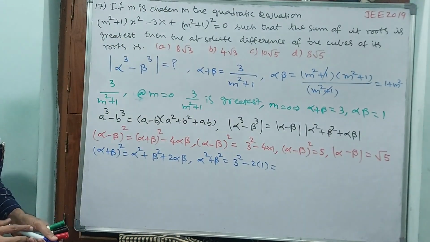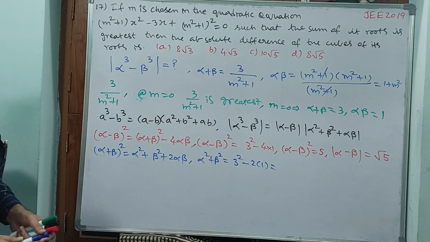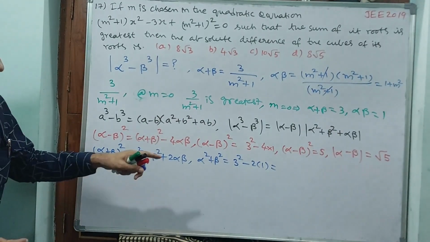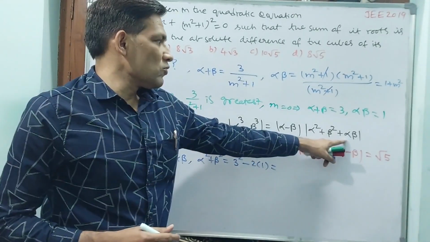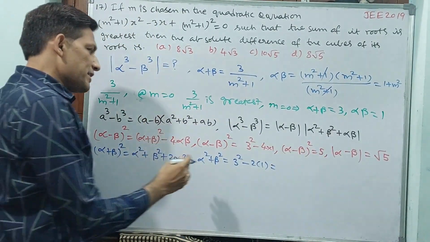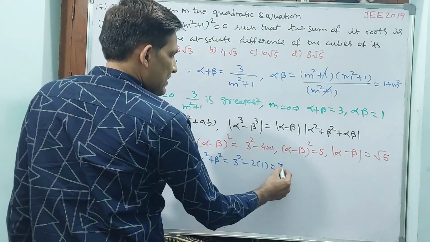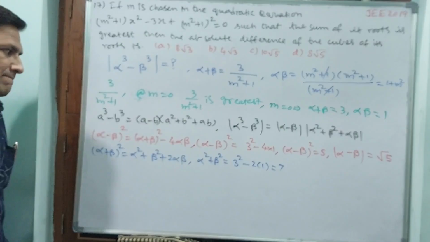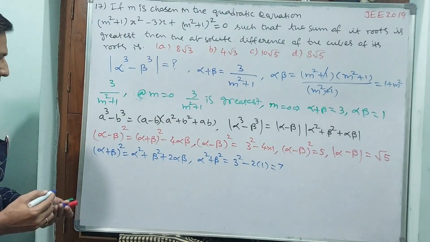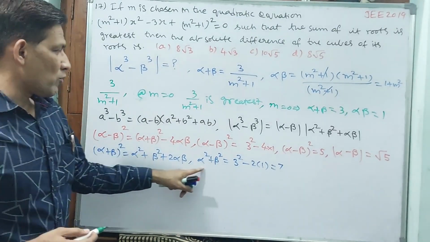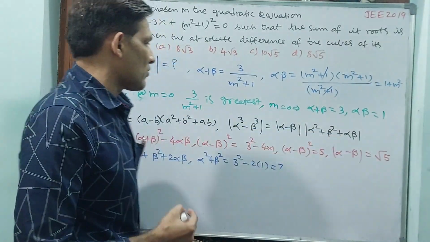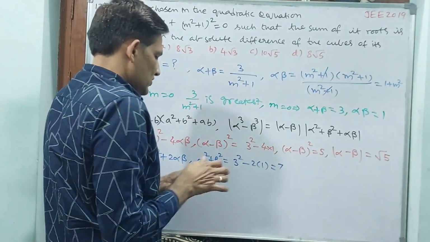Let it be, 9 minus 2, 7. This is only alpha square plus beta square, but again you have to add alpha beta there.